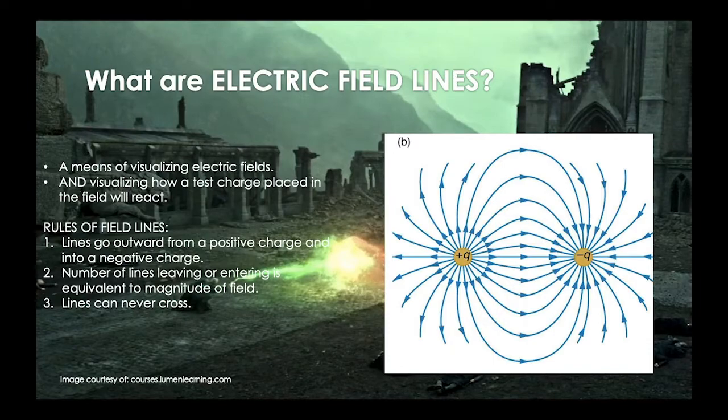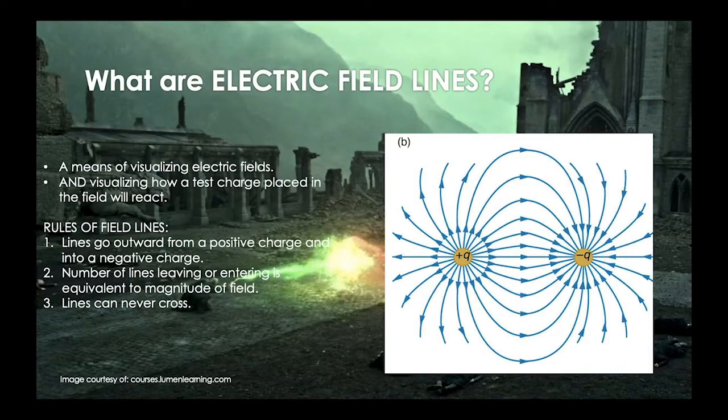Number one is that the lines go outward from a positive test charge and go into a negative test charge. Number two, the number of field lines leaving or entering is equivalent to the magnitude of the field. We'll see that on the next slide, but basically it means the more lines going into or coming out of your charged object, the stronger the electric field. And number three, the field lines can never cross.